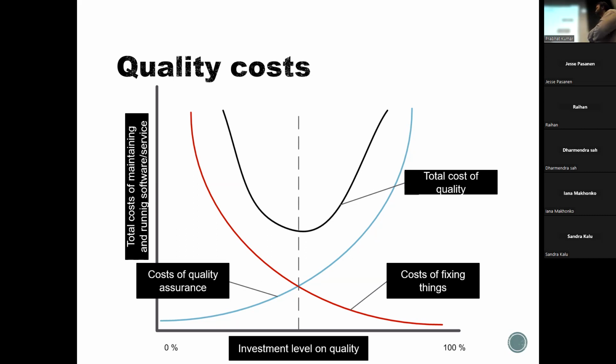And otherwise, if we use more investments, we have more quality. Okay, so there are some kind of trade-offs. If we have more quality assurance in our product, the total cost is going to be higher. And otherwise, if we use a lower cost of quality assurance because of lower investments, again, the total cost of quality. Yeah, correct. Absolutely correct.